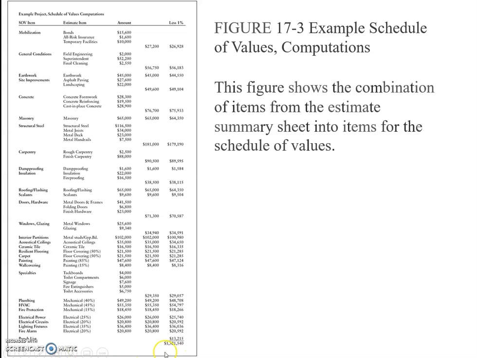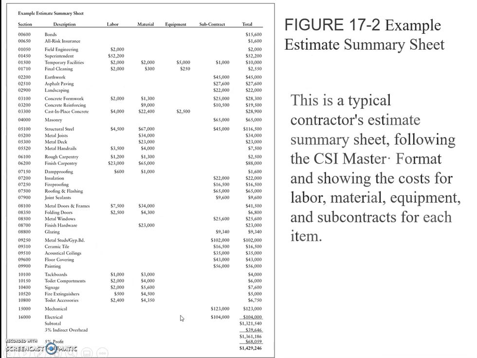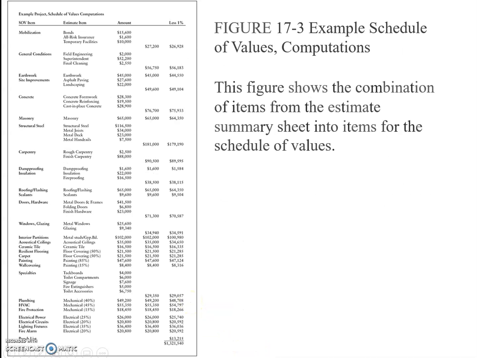So here the total is now 1.321 million, and previously it was 1.429 million. So there is some difference because we did not add any markup over here. Rather, the punch list item was deducted from here due to the reason which was described before.